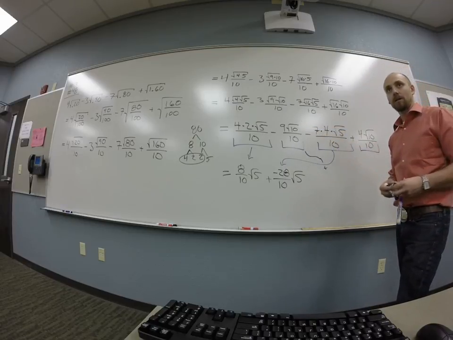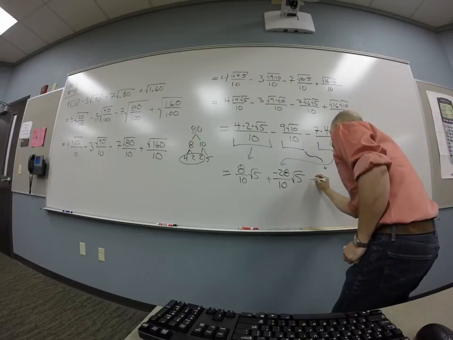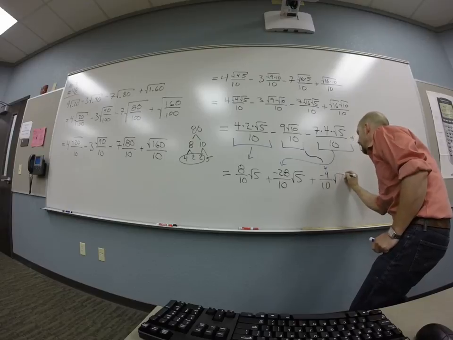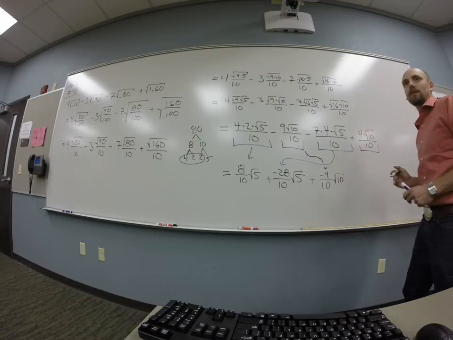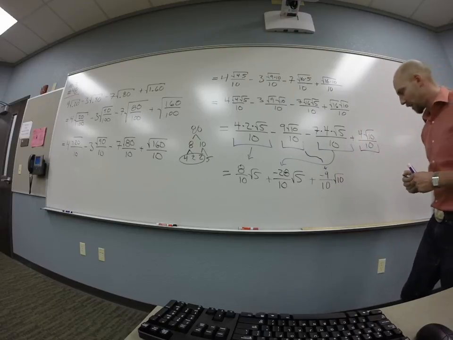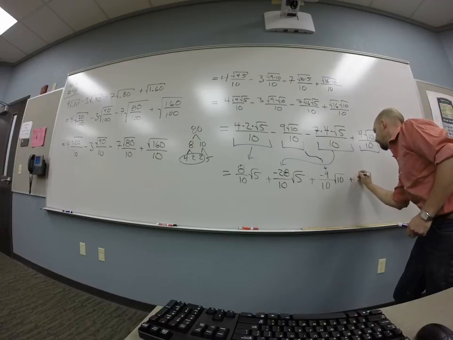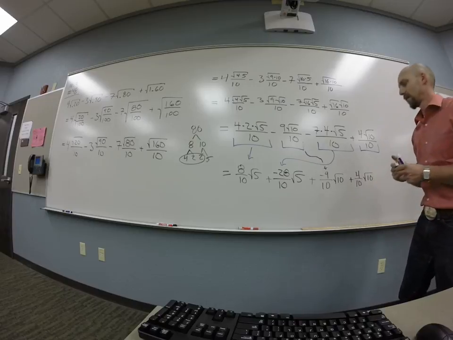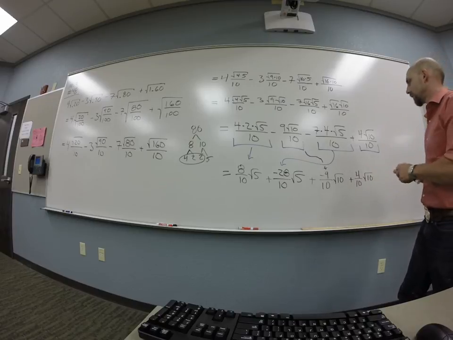Okay, so I've got plus negative 9/10 root 10. Yep, and then the other guy is plus 4/10 root 10. So that's this guy.